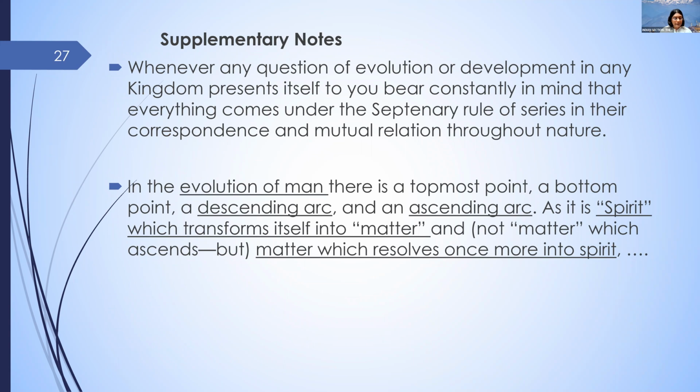Whenever any question of evolution or development in any kingdom presents itself to you, bear constantly in mind that everything comes under the septenary rule of series in their correspondence and mutual relation throughout nature. So this is the septenary law of nature.